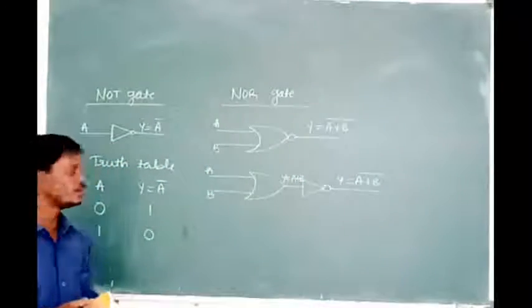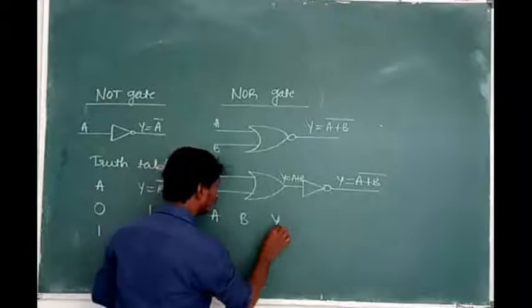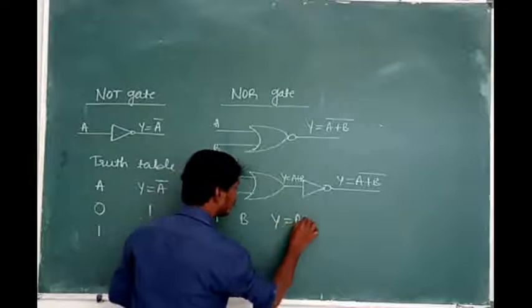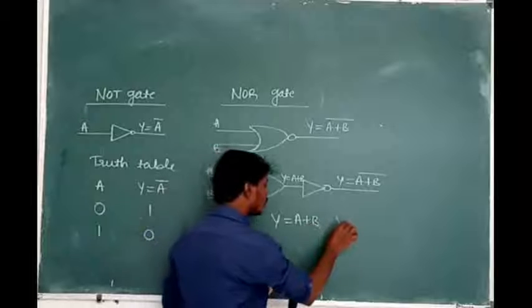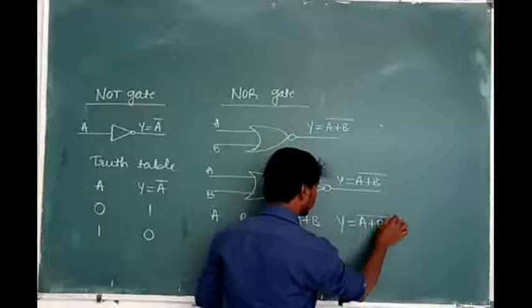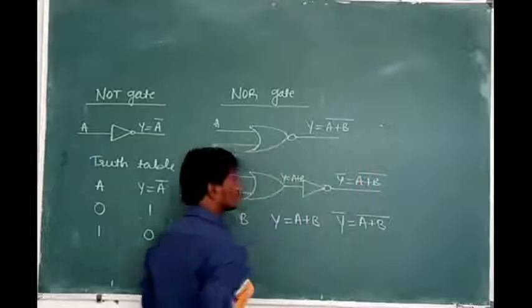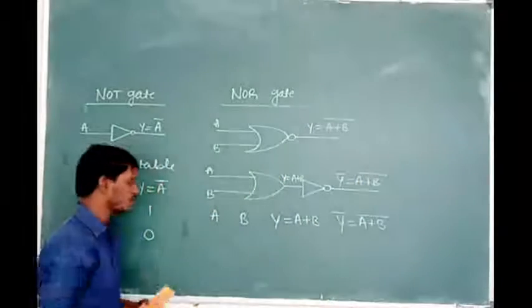What is the truth table for this one? See, A, B and Y equal to A or B, and the output of the NOR gate is the complement of A or B. Now let us put in the values.